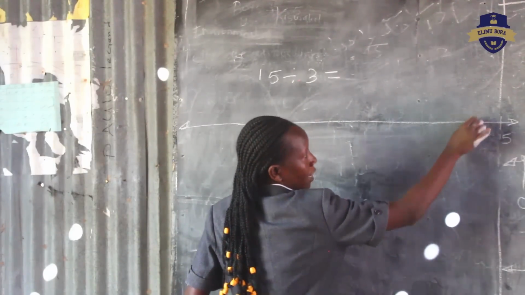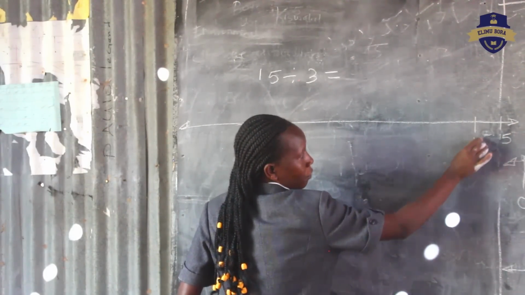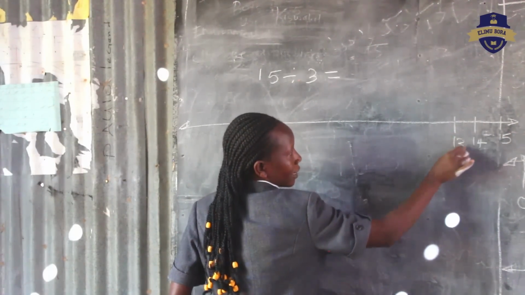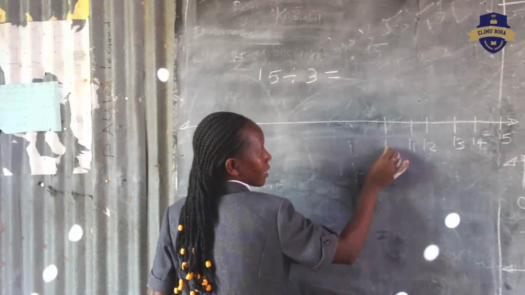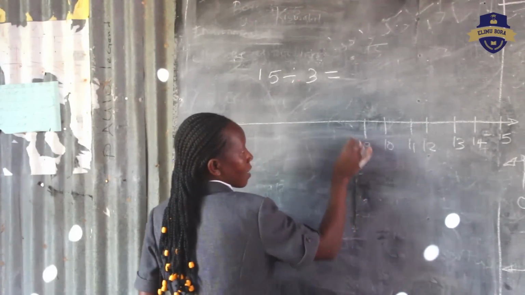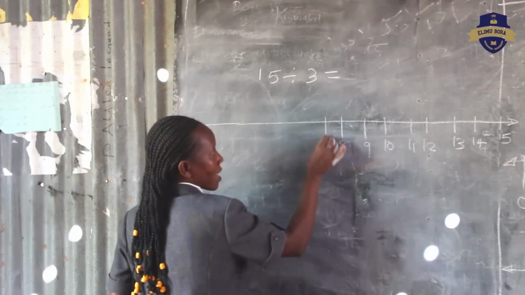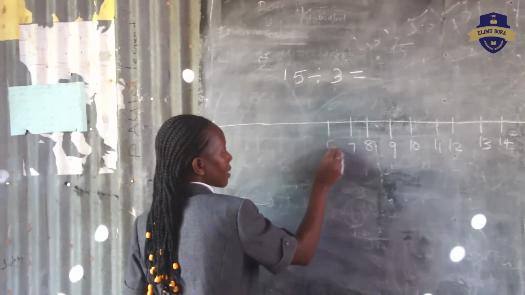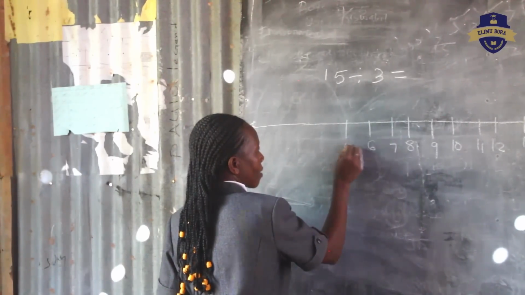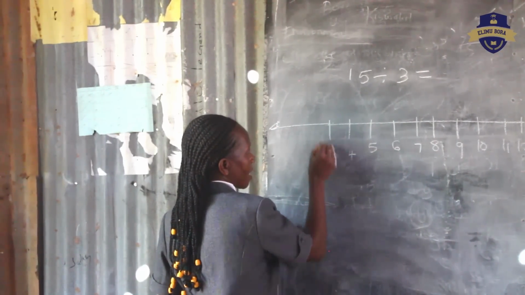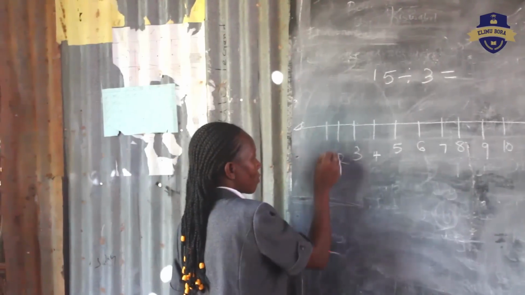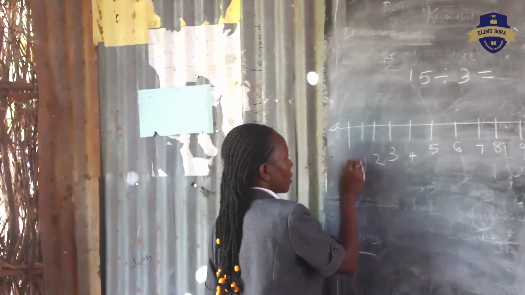So we have 15, 14, 13, 12, 11, 10, 9, 8, 7, 6, 5, 4, 3, 2, 1, 0.